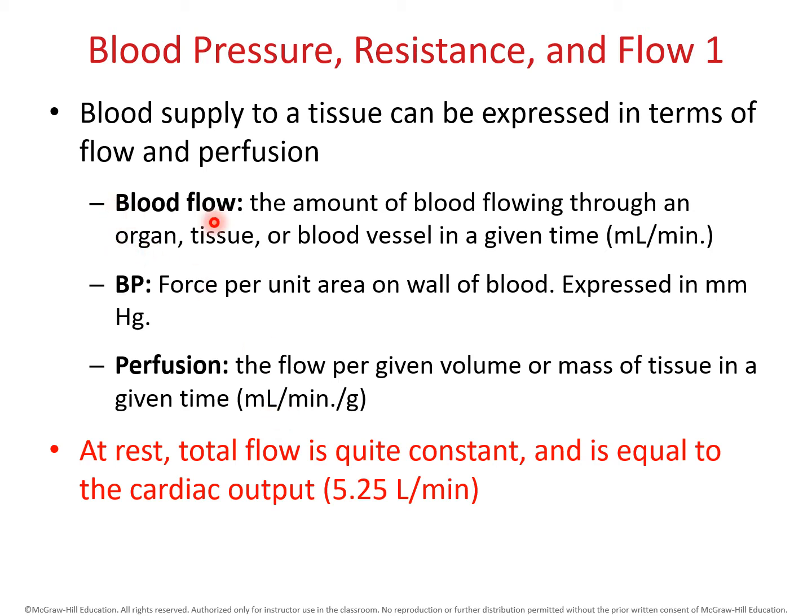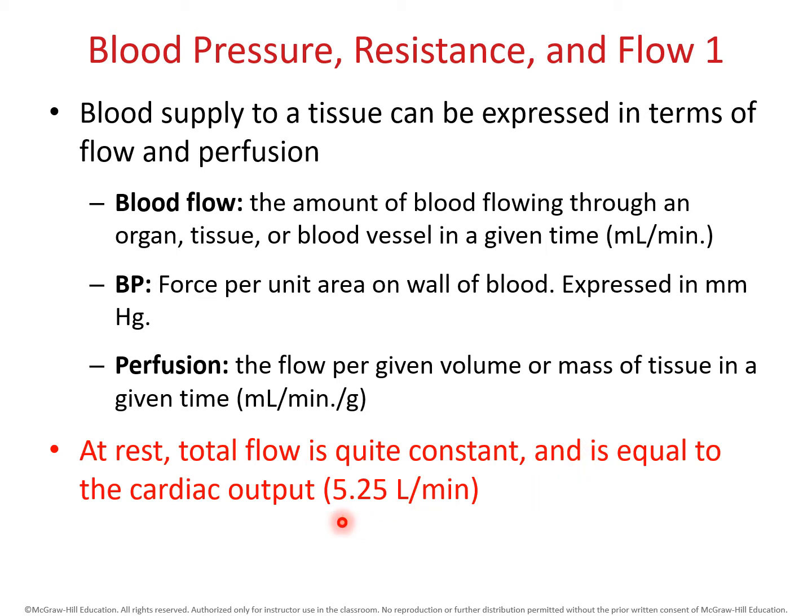Okay, first one is blood flow. Okay, what is blood flow? Blood flow is the flow of blood through an organ and tissue, and it is measured in terms of ml per minute or liters per minute if you're looking at liters. Okay. Now we have calculated the cardiac output in the past.